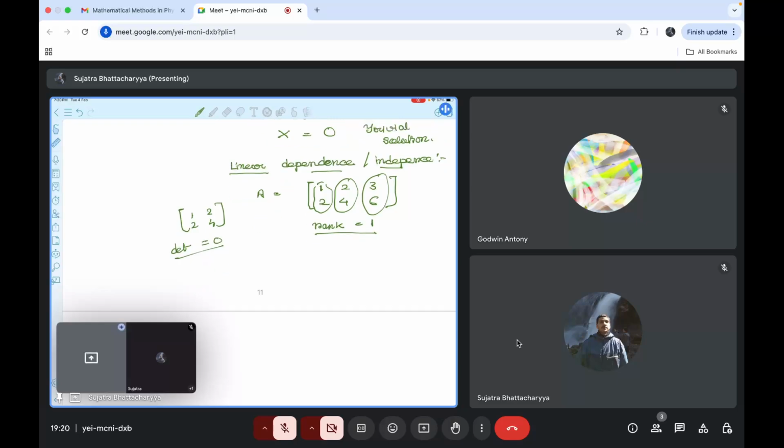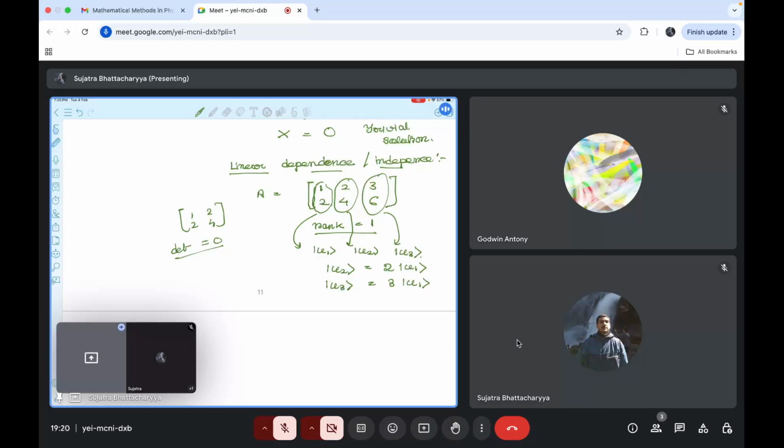Fine. Next, the important thing is that you take either row or column. In whatever way you take, suppose this is some U1, this is some U2, and this is some U3. You know that U2 is 2 times U1, and U3 is 3 times U1, right?